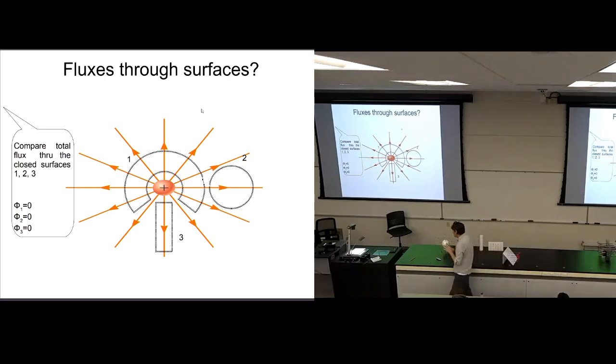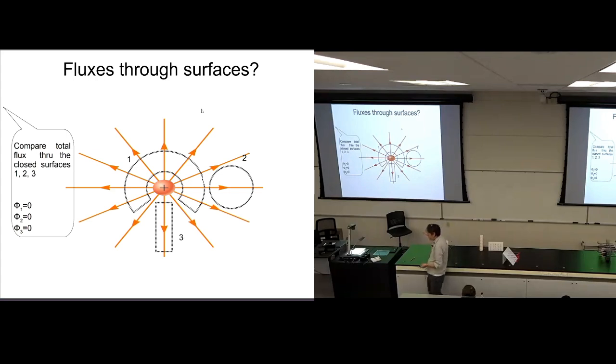Now again, this is a two-dimensional depiction of a three-dimensional field that goes in all directions and three-dimensional surfaces. So we have to be careful with that. I'm just trying to picture in 2 dimensions a spherical three-dimensional surface, a rectangular box-like surface, and some horseshoe-shaped surface.